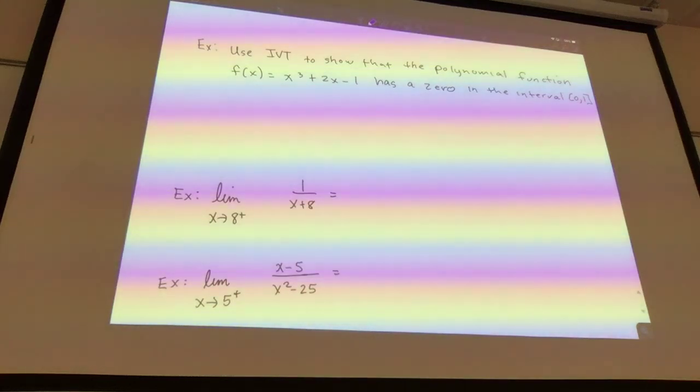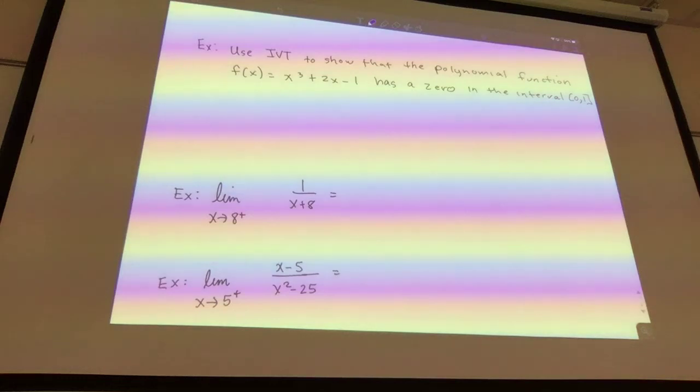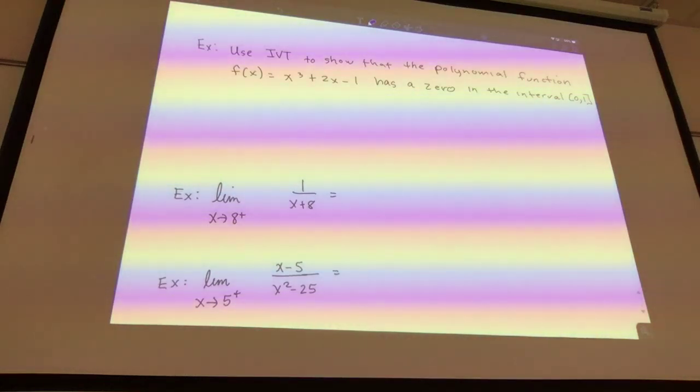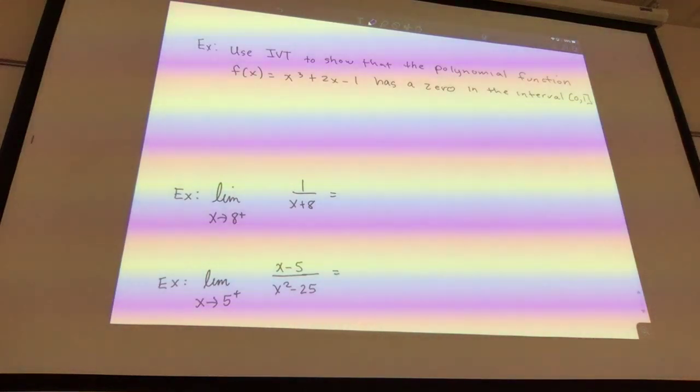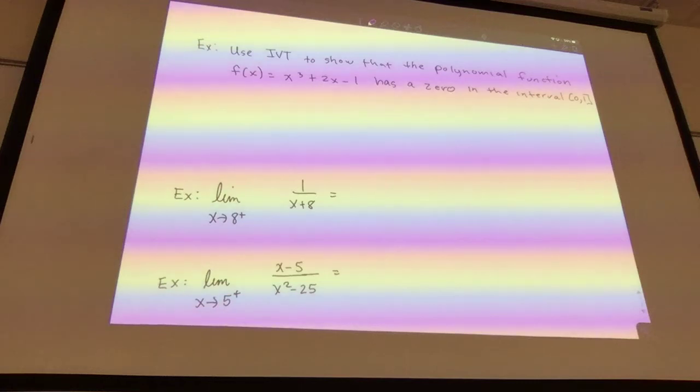Now this is what we did in pre-cal. This is saying use IVT to show that the polynomial function given has a 0. To guarantee that it has a 0, all we have to do is evaluate just like we did a minute ago. So by habit and by nature, any intermediate value theorem, I usually look at f of A and f of B just because it tells us information about it.